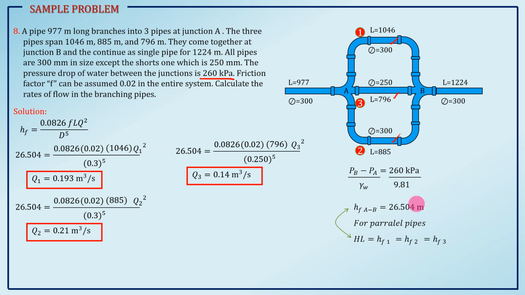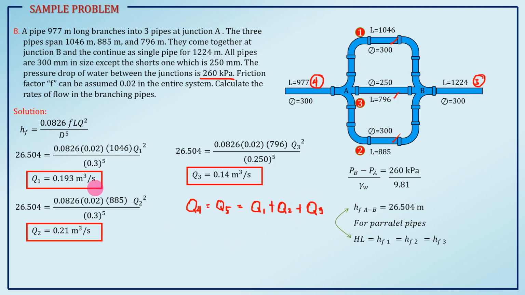So, if ever you are asked to find the amount of Q before your junction A, at this pipe, let's say pipe 4, and this one is 5, you just have to take note that your Q4 is equal to Q5, and equal to the Q at the branching pipes, Q1 plus Q2 plus Q3.